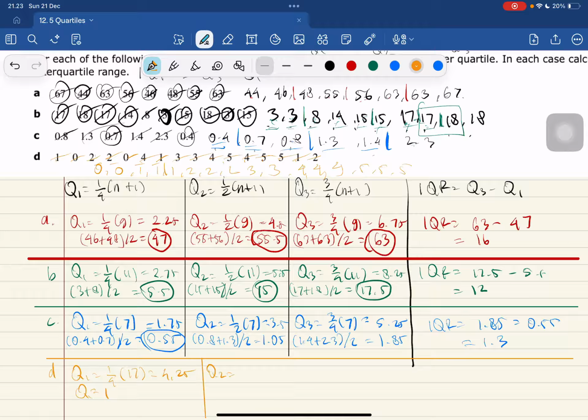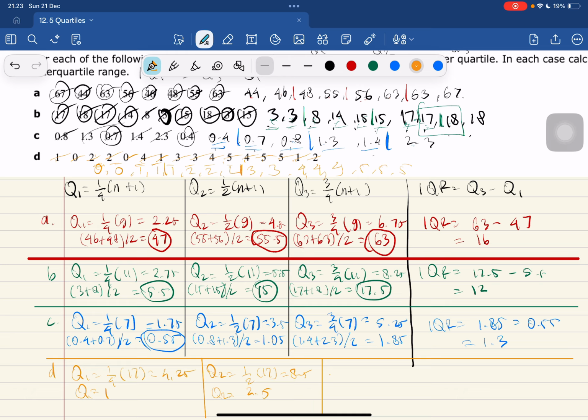Next, quartile 2: 1 over 2 times 17, which is 8.5. Where is 8.5? Count from here: 1, 2, 3, 4, 5, 6, 7, 8, between here. The mean of 2 and 3 gives Q2 as 2.5.